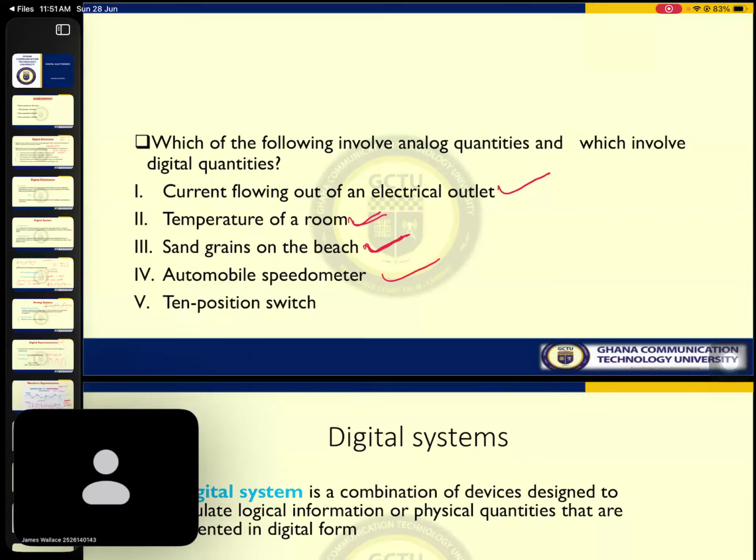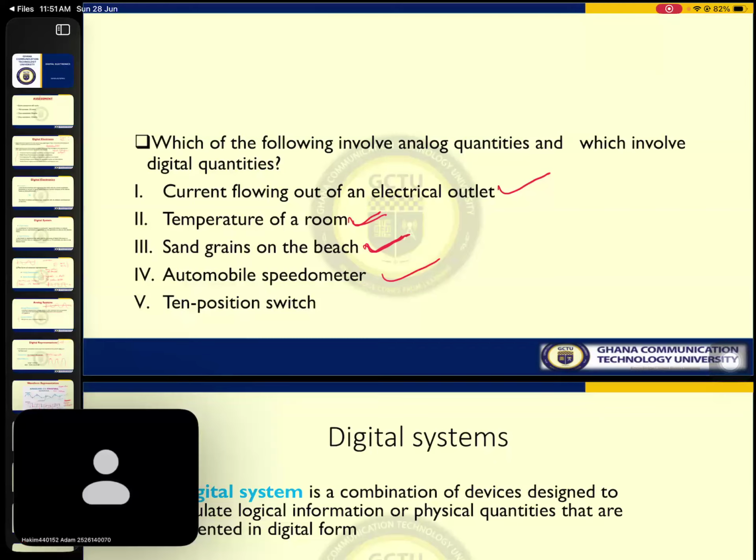Do we have digital speedometers now? Yes, we do. The modern electronic cars that are coming have digital speedometers. But in this case, we are talking about a traditional speedometer.